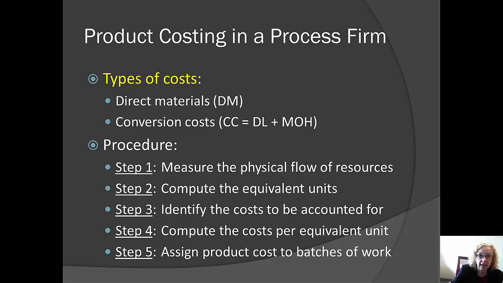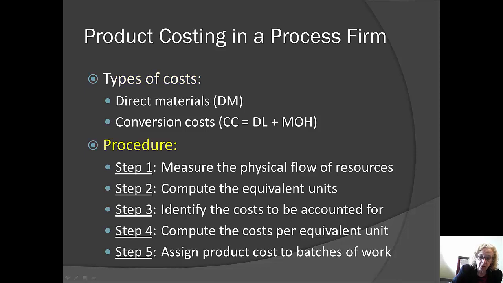Conversion costs include direct labor and manufacturing overhead. Combining these costs into a single account simplifies accounting for a process cost firm.